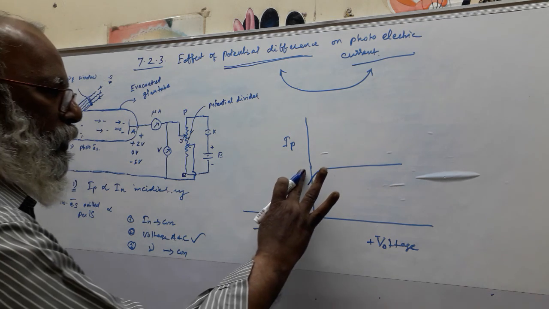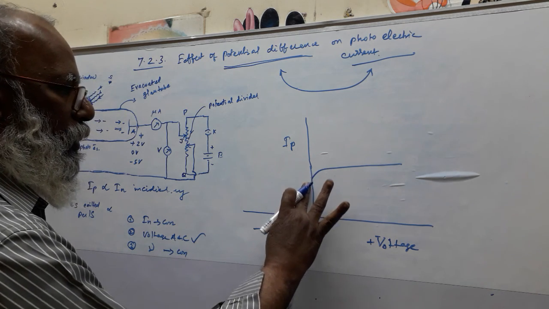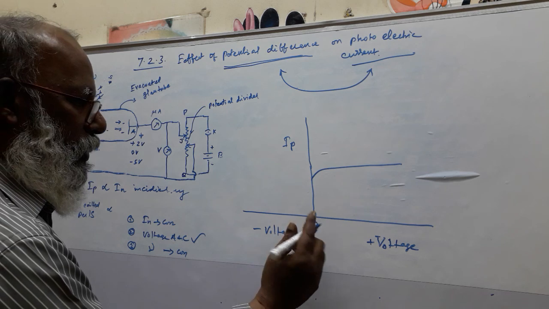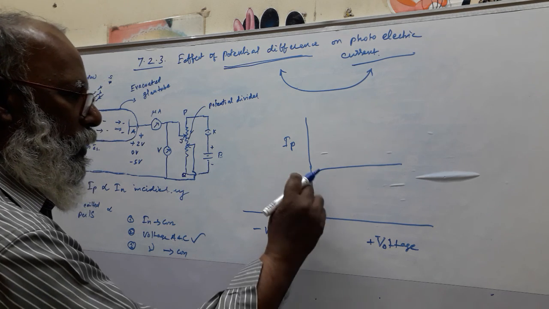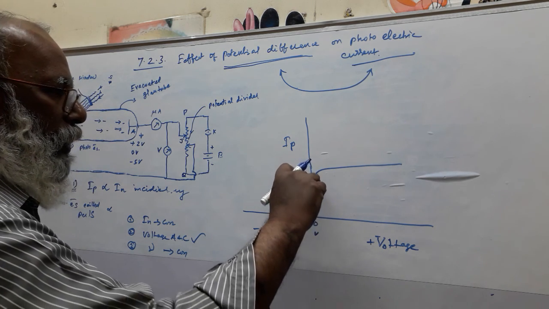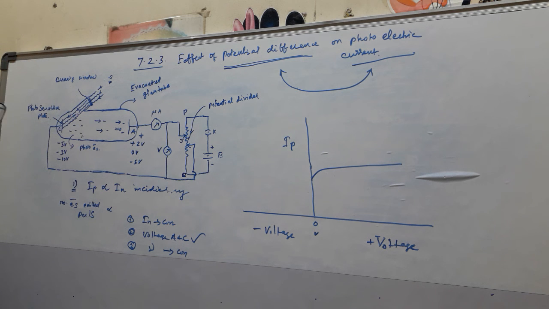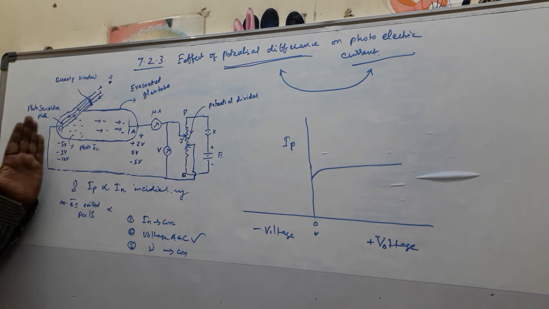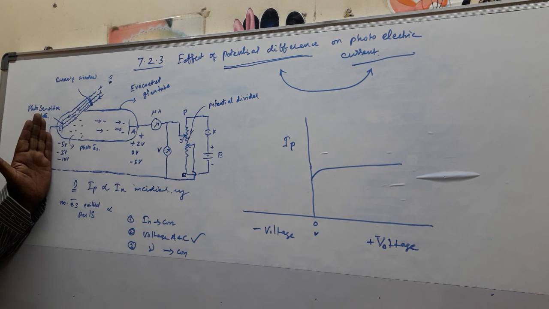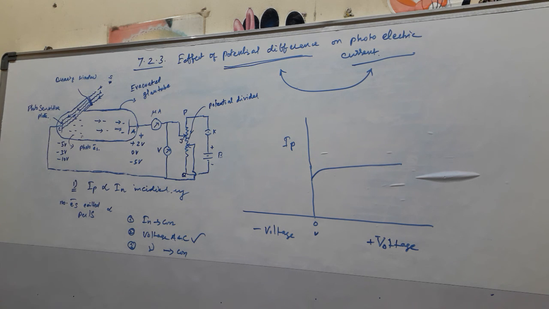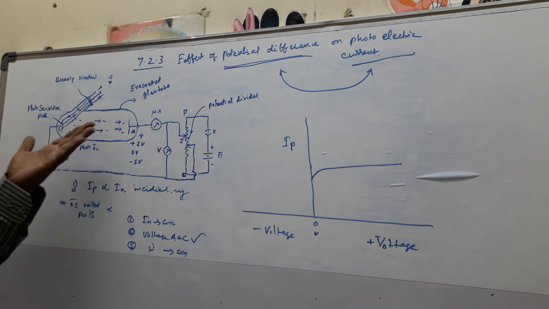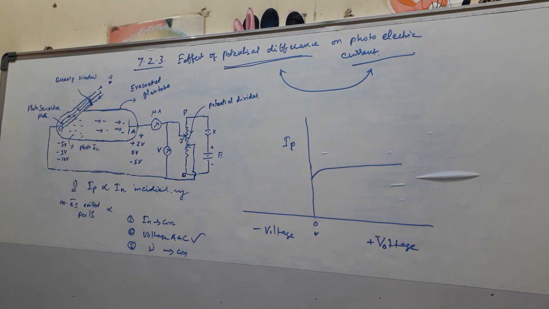Why does it start at 0 voltage with the current being large? The reason is that when the cathode is negative and the anode is positive, without applying any excess positive voltage the electrons are able to enter the anode terminal.